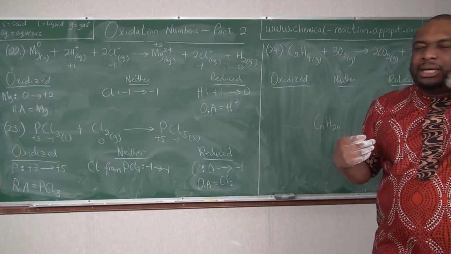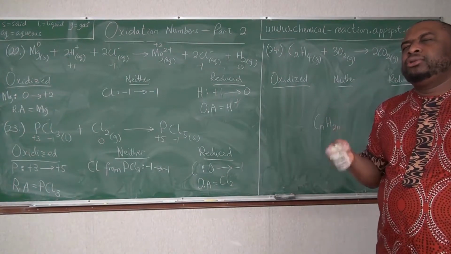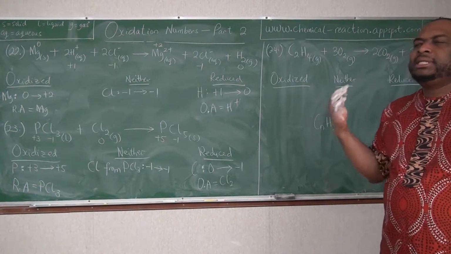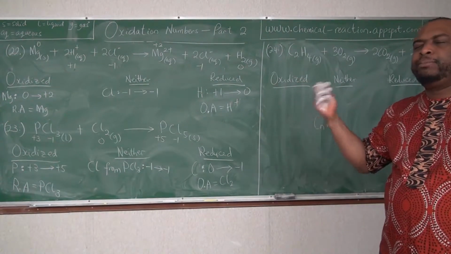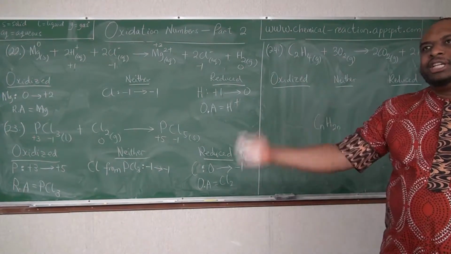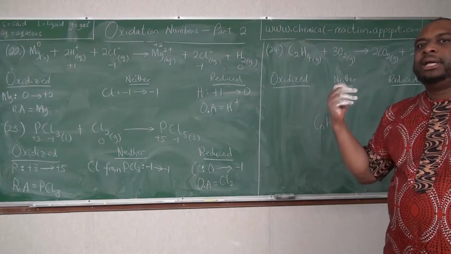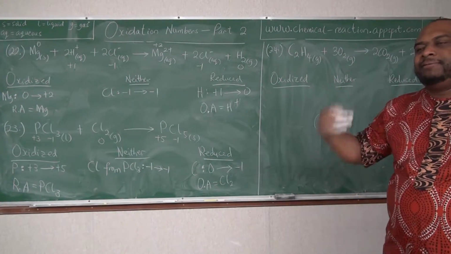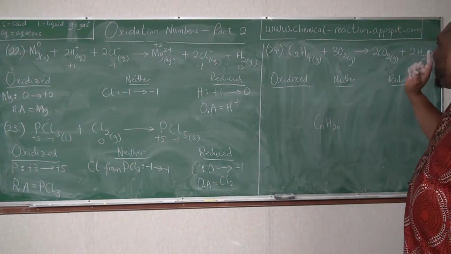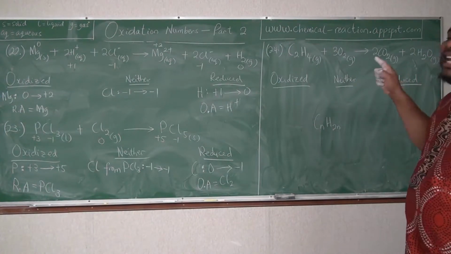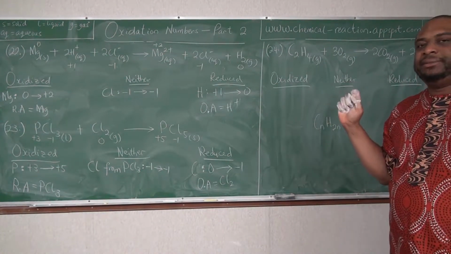So C2H4, C3H6, that's your propene, C4H8, that's your butene. Pentene is C5H10. So this is your ethene.